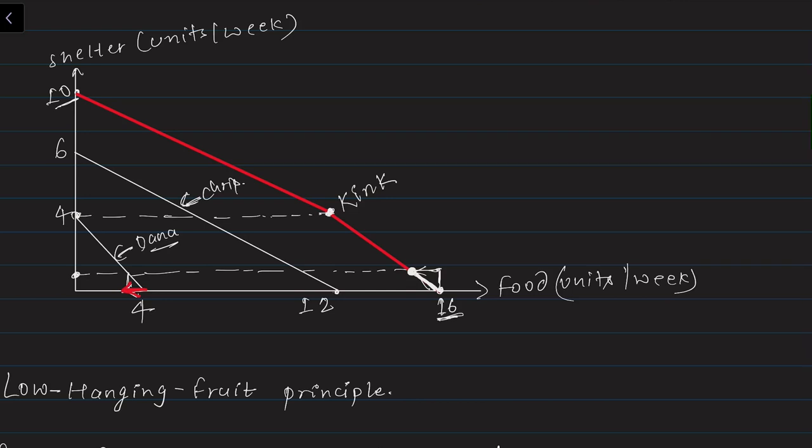With a similar argument as before, the other half of the PPC will be parallel to the PPC of Chris. So the first half is parallel to the PPC of Dana, and the second half of the PPC is parallel to the PPC of Chris.